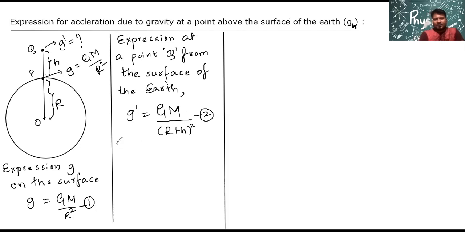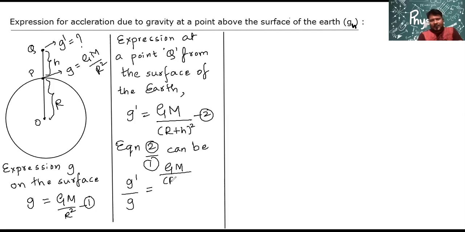Now by combining equation 2 and 1, equation 2 by 1 can be written as g dash by g is equal to GM divided by r plus h whole square, whole divided by GM divided by r square. So GM and GM get cancelled.